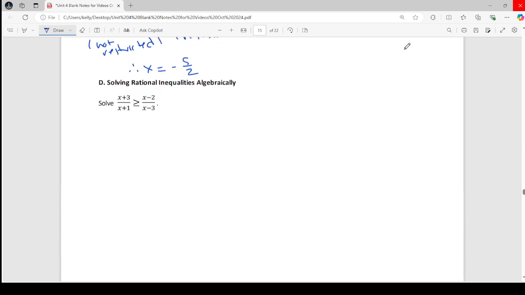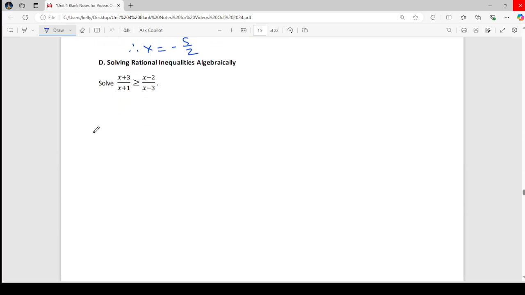Okay, so now solving this one algebraically, we can't just cross multiply because x plus 1 and x minus 3 are sometimes negative, and multiplying by something that's negative would change our sign. So instead, bring it over and make everything equal to 0, one side equal to 0.